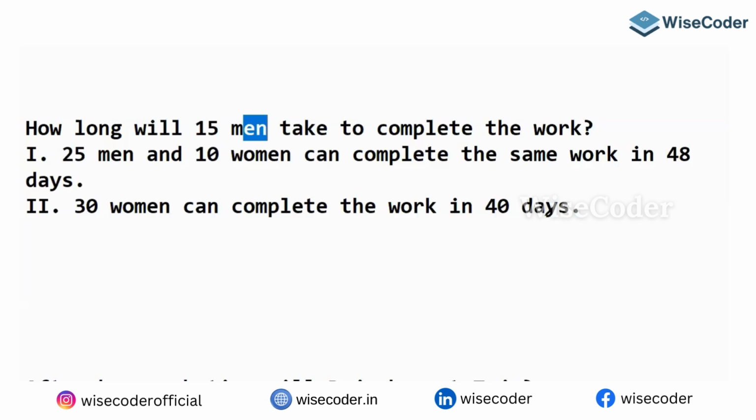No, you cannot solve with statement two alone, because if you know only women, how can you say 15 men? But let me take them together. 30 women taking 40 days, then 10 women will take how many days? Don't cross multiply this. 30 is 40, 10 is how much? No, that is not the case, right?